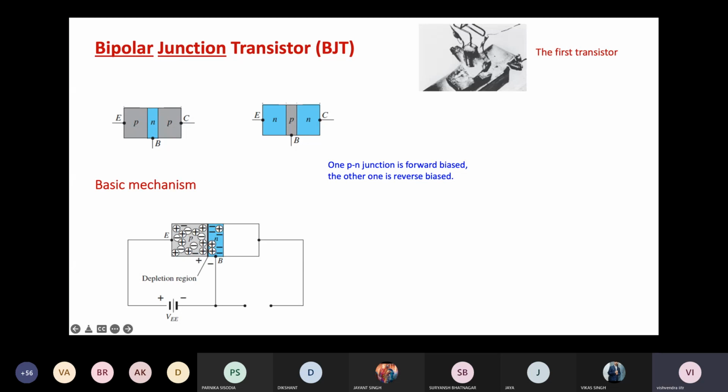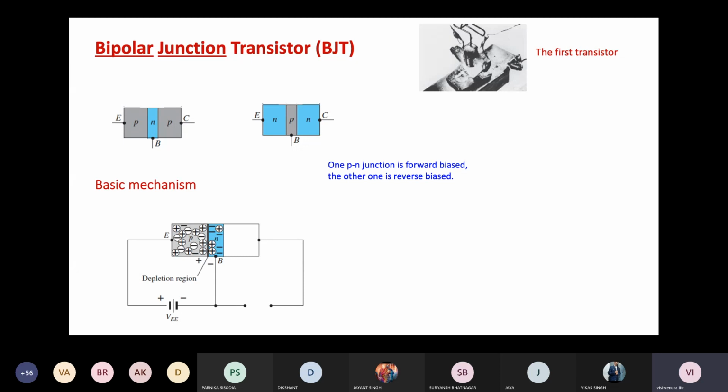So in total there are these four possibilities. We can do anything that we want, and there are some applications of BJT where these other kinds of biasing are done. For example, there are some cases in which both junctions are forward biased. But the amplification that we expect is not achieved in those cases.